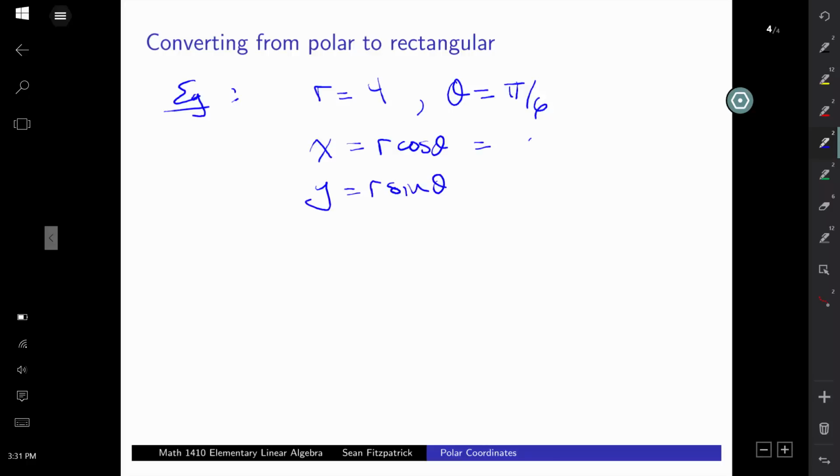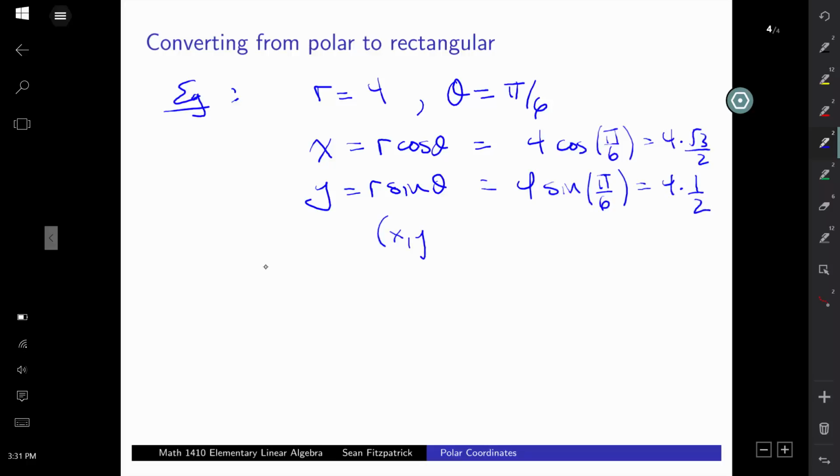So now it's a matter of plugging things in. 4 times cos of pi over 6, 4 times sine of pi over 6. So this is 4 times root 3 over 2, and this is 4 times 1 over 2. And so my point x, y in this case is just going to be the point 2 root 3 and 2.